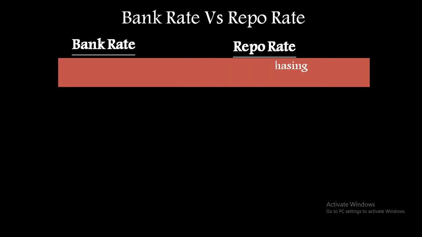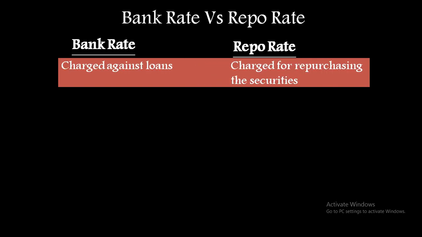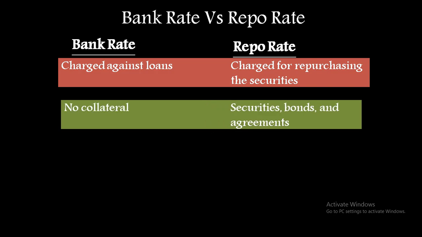First is, bank rate is charged against loans offered by the central bank to commercial banks, whereas repo rate is charged for repurchasing the securities sold by the commercial banks to the central bank. Next is, no collateral is involved while charging bank rate, but securities, bonds and other agreements are involved when repo rate is charged.